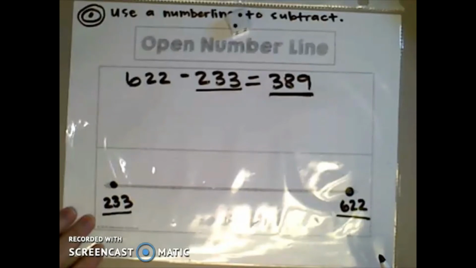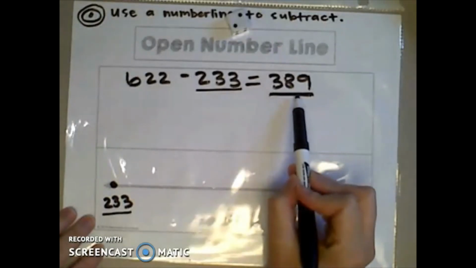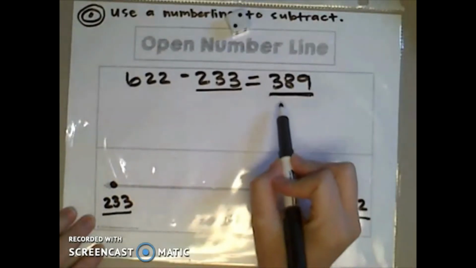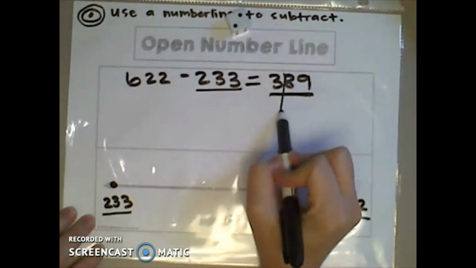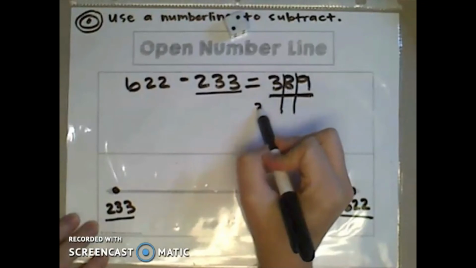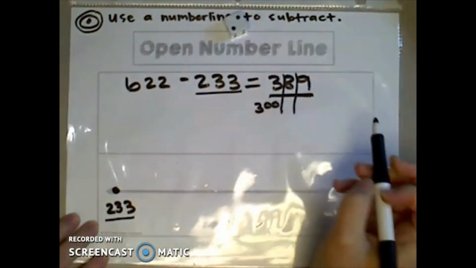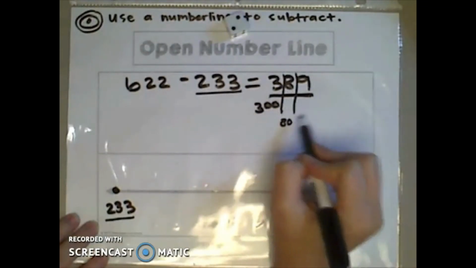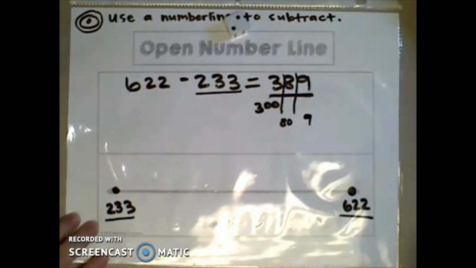So I am going to break up 389 into hundreds, tens, and ones. We should be able to hop 300, 80, and 9 ones.